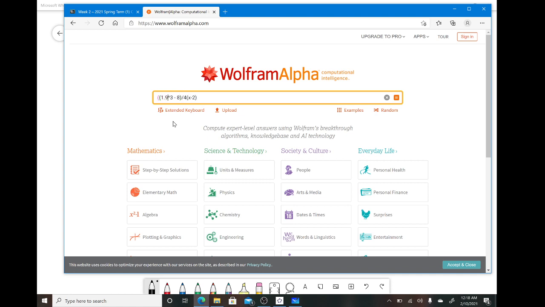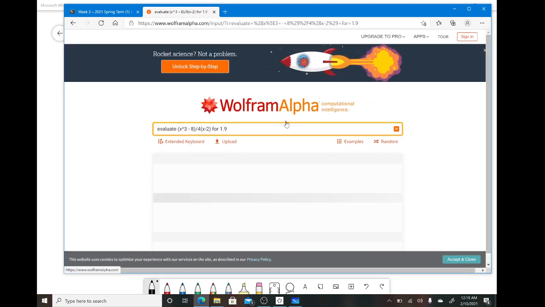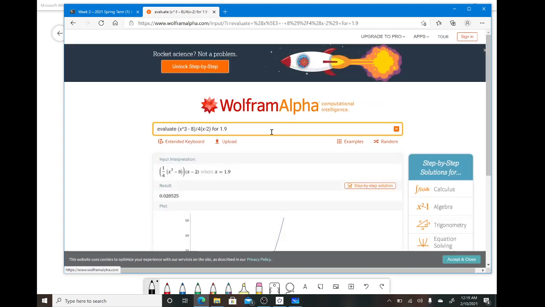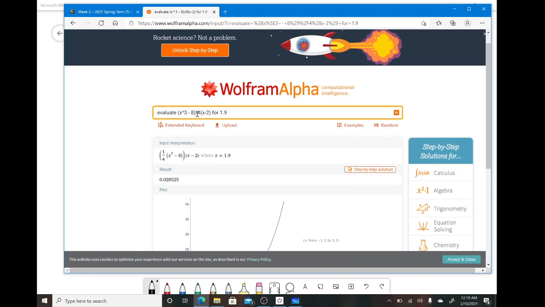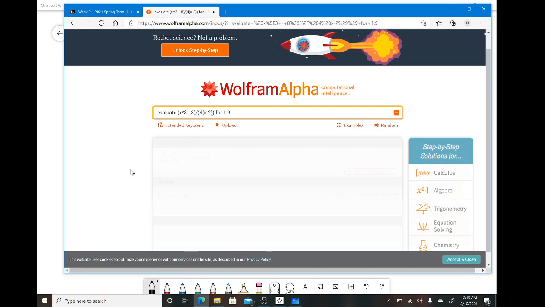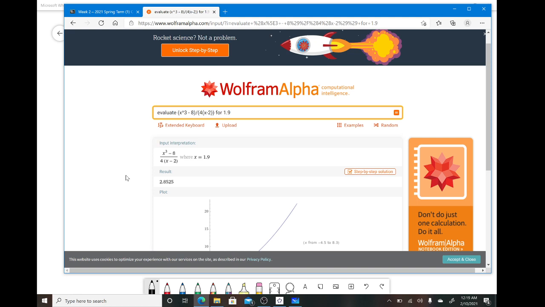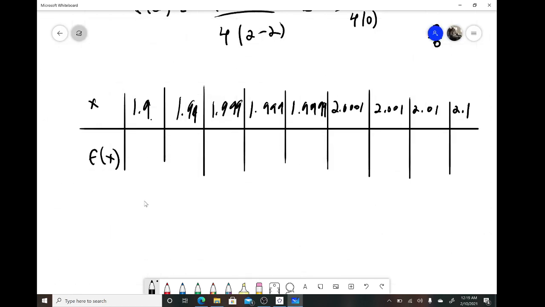I could just say evaluate this for 1.9, and Wolfram will give me the solution. Make sure you put parentheses correctly, because I just didn't. So we have 2.8525, which is what I wanted to get.